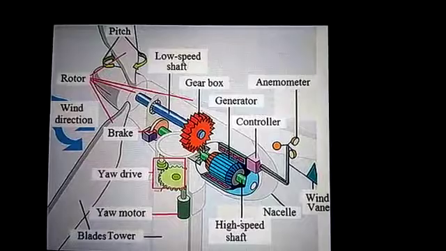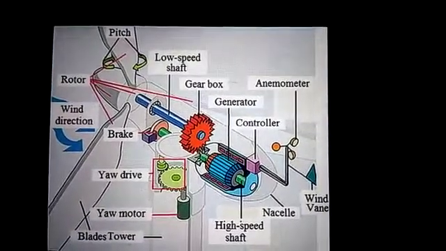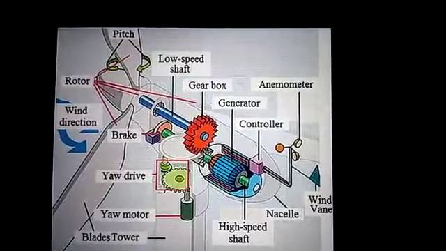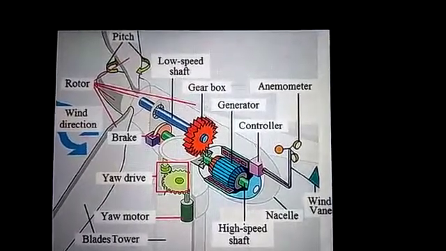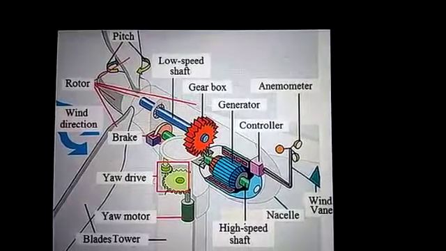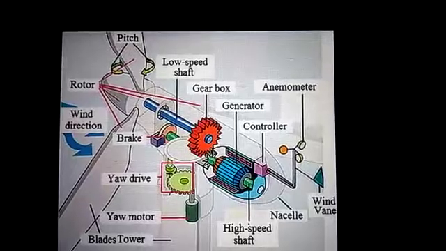Brakes: when the turbine is spinning at high speeds, it will be damaged. Before that, the brake will be applied to avoid damage to the turbine.